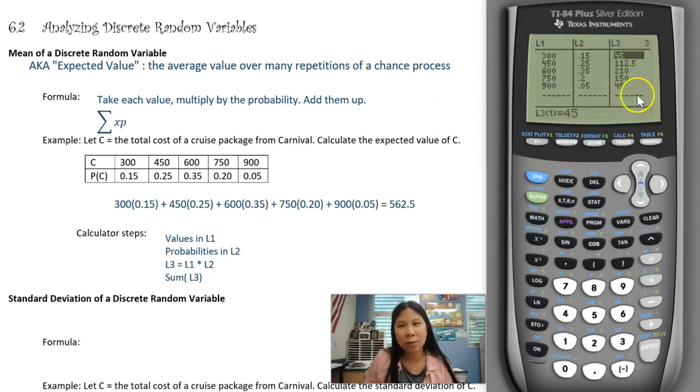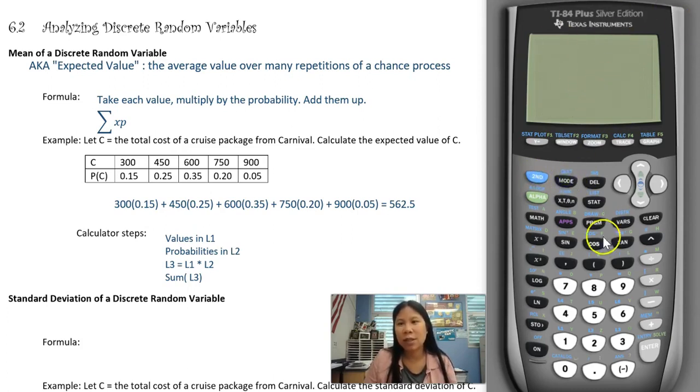Okay, it did all the multiplication for us. Now we just need to add all these up. To get to sum, we need to go back to our home screen first, so second mode to get back to the home screen. Then second stat, go over to math, and number 5 should be sum. We are taking the sum of everything in L3. Hit enter, and there's our mean.